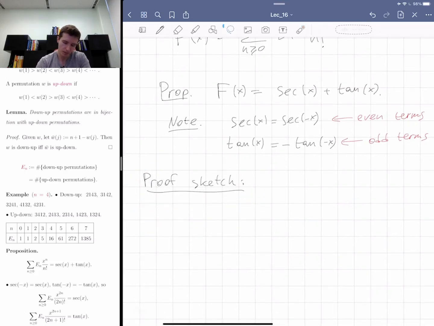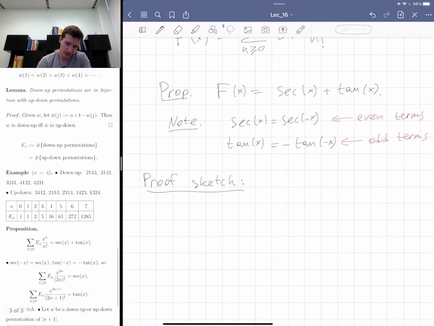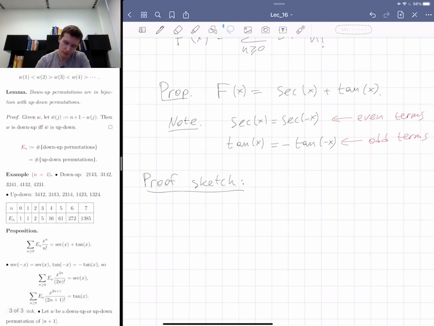Now, how do I prove this? The idea is to start with a bijective proof and then do some more work, so it's a combination of a few tools. Suppose W is a down-up or up-down permutation of bracket n plus 1.